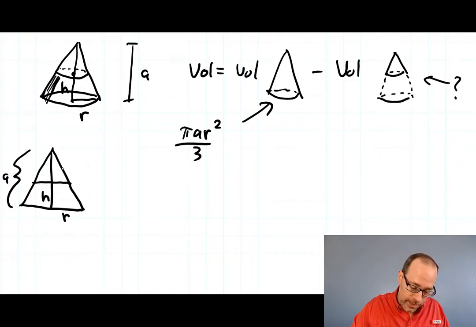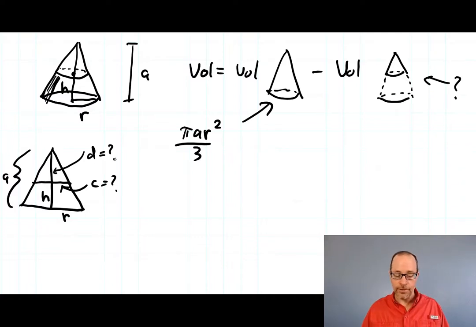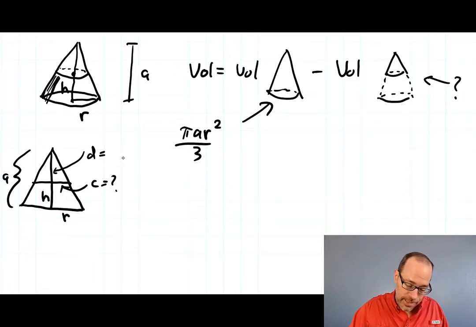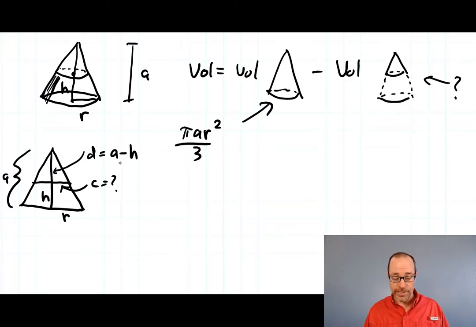The things we needed to know were the bottom, which we don't know yet, and this part here, which we don't know yet either. However, one of them is very easy to read off. This d is easy because the whole height is a, and we just subtract off h. So this d is just going to be a minus h. So we know that exactly, but we still have to figure out what the c is.